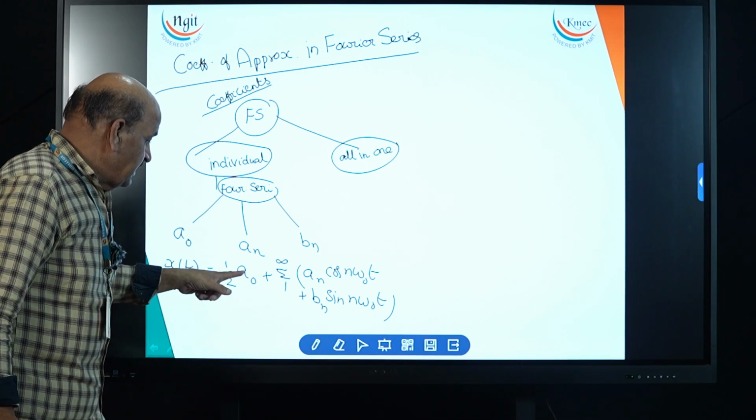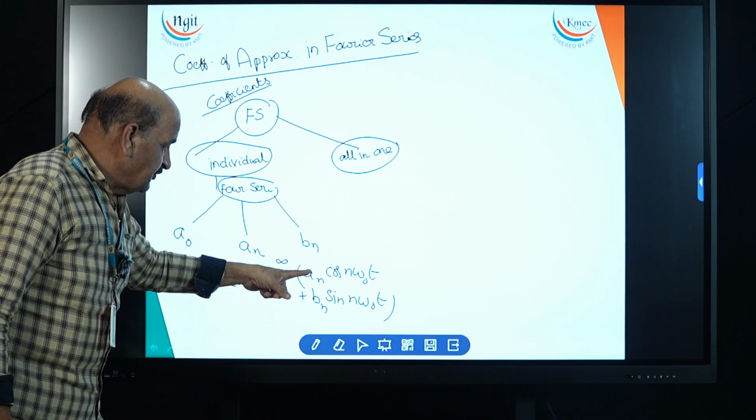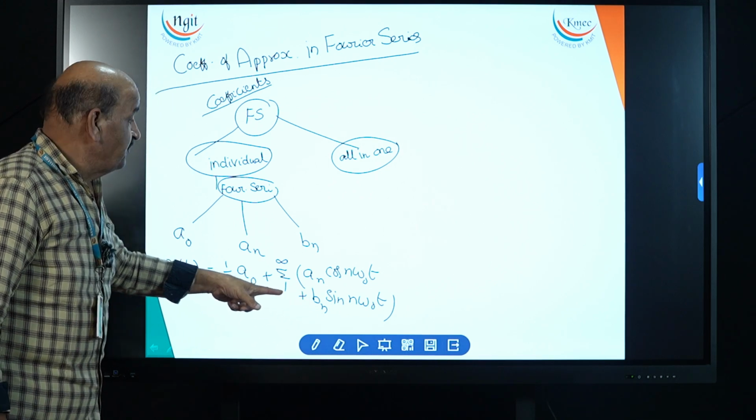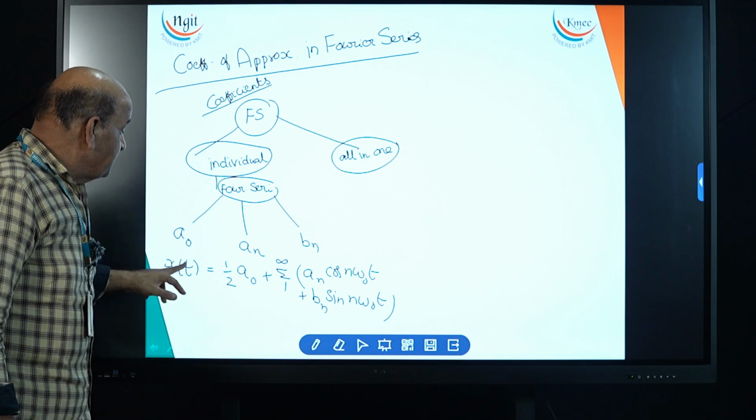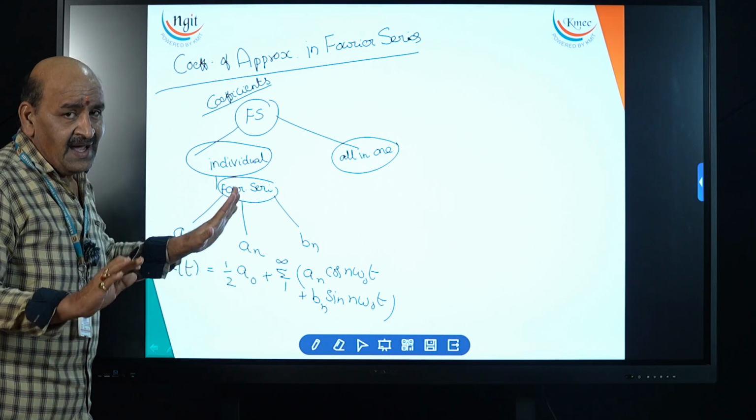That means A0 is the first coefficient, An the second coefficient, Bn the third coefficient. In this way, in the general Fourier series, three different coefficients appear.